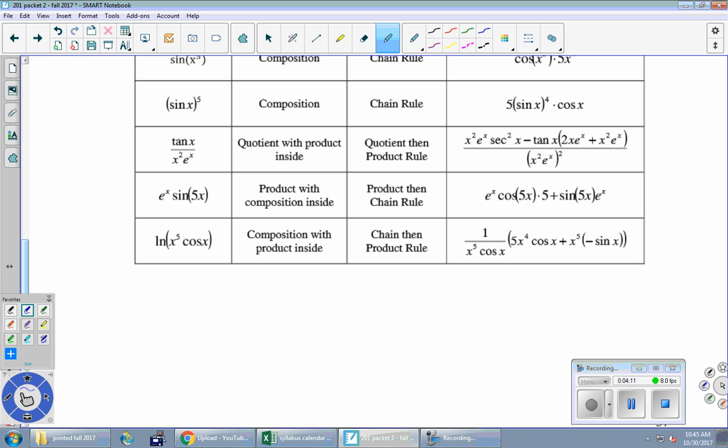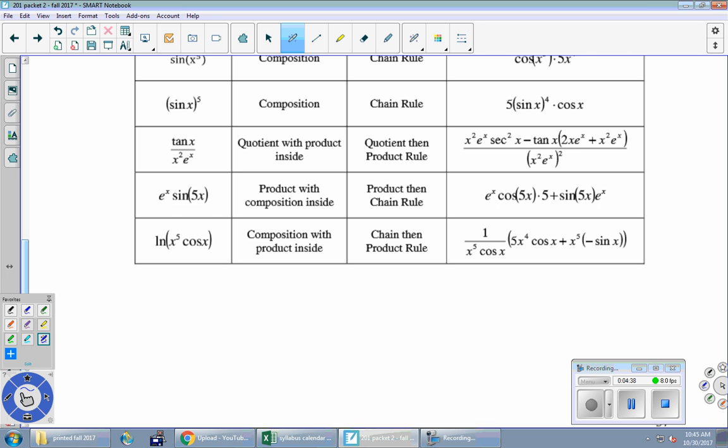It's 1 over the stuff times the derivative of the stuff. So 1 over all of that stuff. It's written out here in the right-hand column. And then I get to look at the product rule, because now I'm taking the derivative of x to the fifth cosine x. And so just because there's a product doesn't mean product rule. Again, today is all about figuring out the rule, but also applying the rules in the right order.